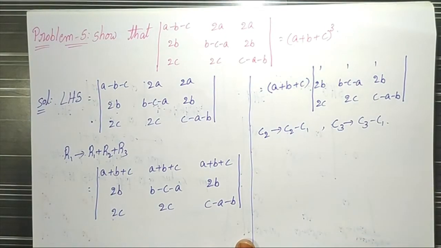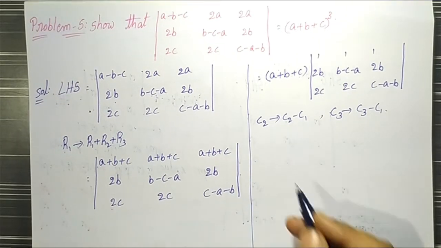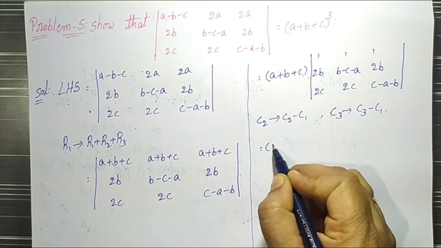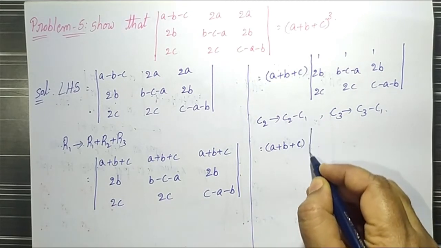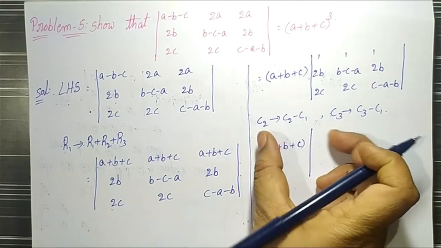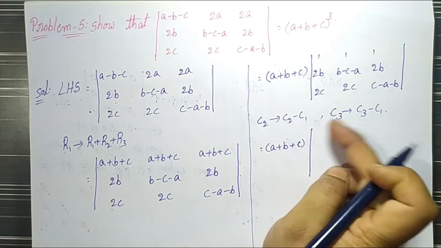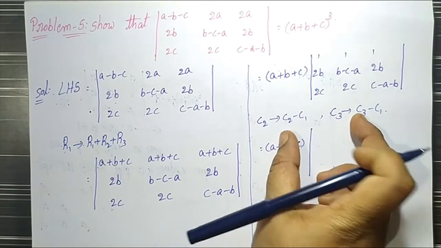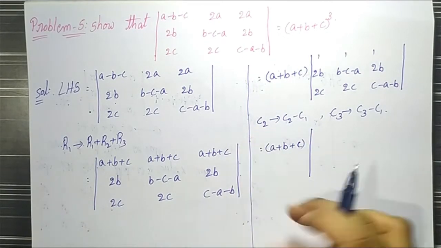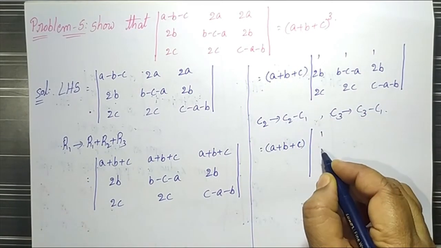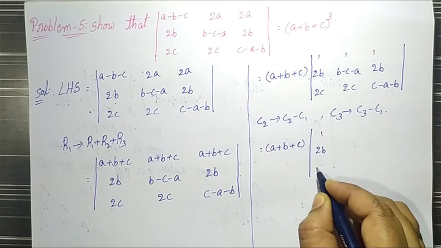These are two more operations, then that is equal to a plus b plus c into the determinant. Here we use the column operations. First write down the C1 column, which has no operation, so C1 is the same: 1, 2b, 2c.